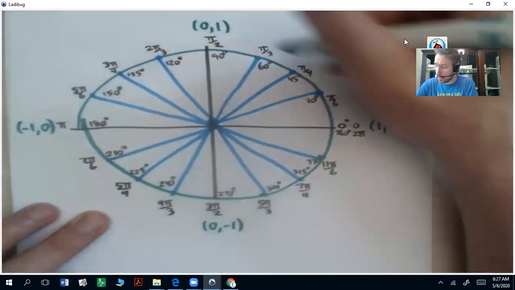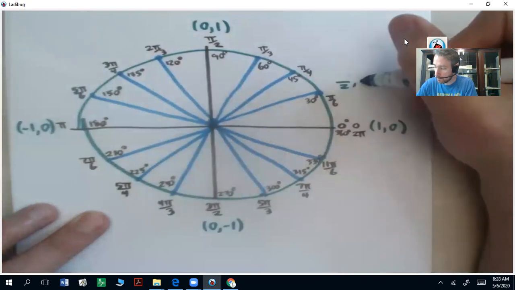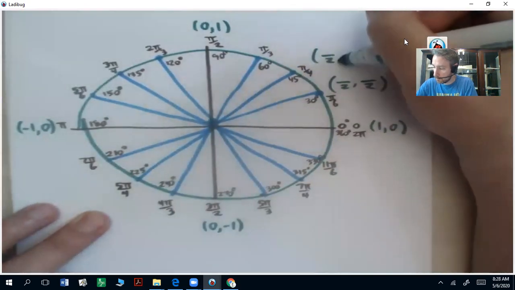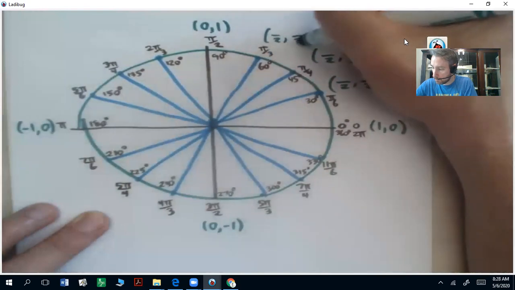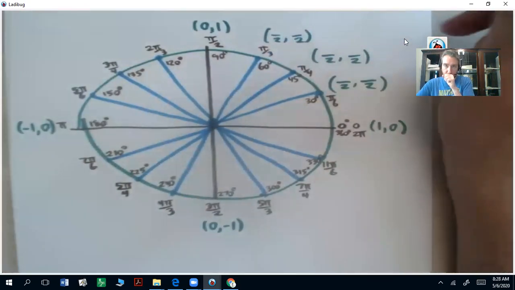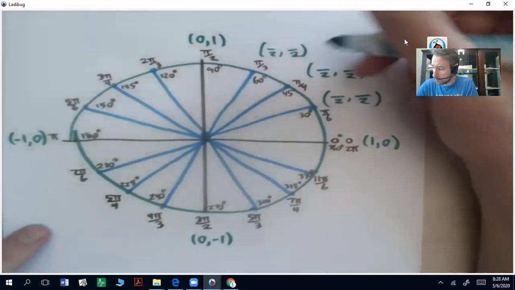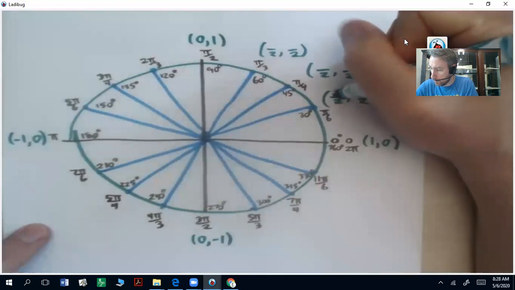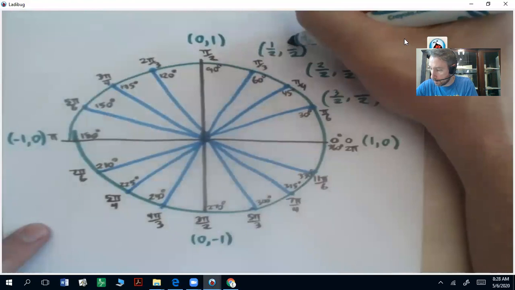Now, as far as the other 3 coordinates, I like to remember they're all over 2, and the pattern being 3, 2, 1, and then 3, 2, 1.